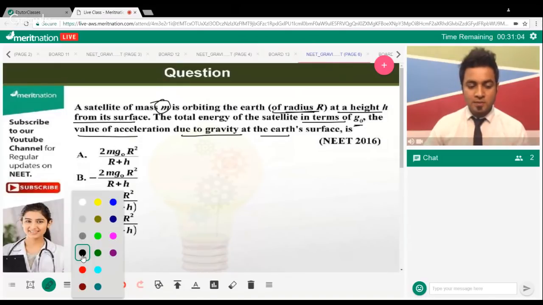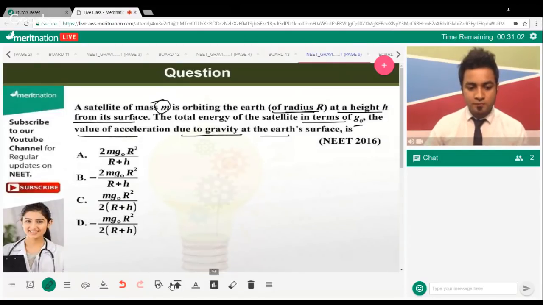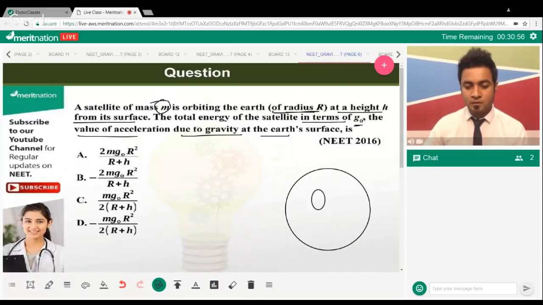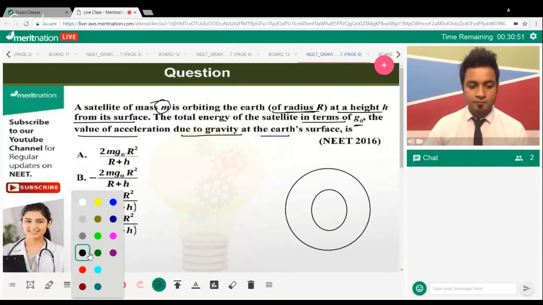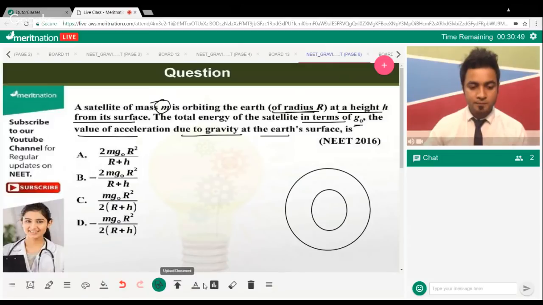So let me make a small illustration for all of you to make things better. So this one is earth, okay. And here, this one is h, and this one is r.